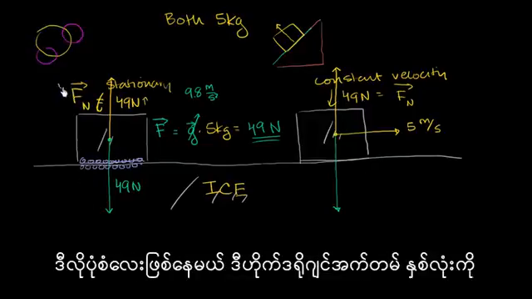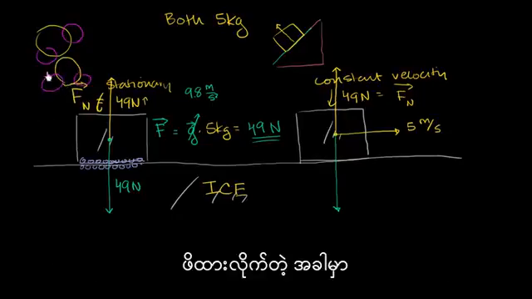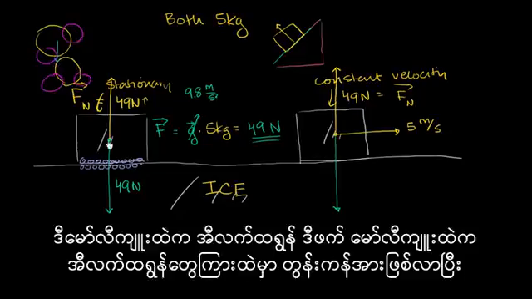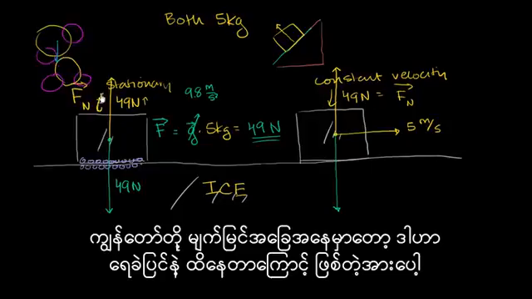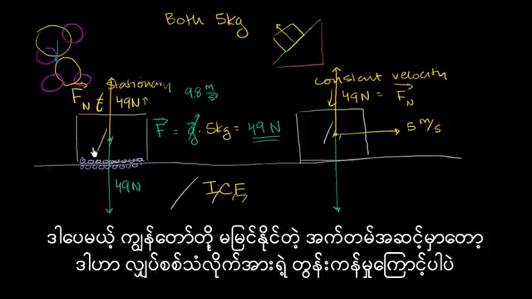So maybe it looks something like this, and it has its 2 hydrogens. And so what's keeping these guys from getting compressed, what's keeping this block of ice from going down further, is the repulsion between the electrons in this molecule and the electrons in that molecule. So on a macro level, we view this as kind of a contact force. But on a microscopic level, on an atomic level, it's really just electromagnetic repulsion at work.